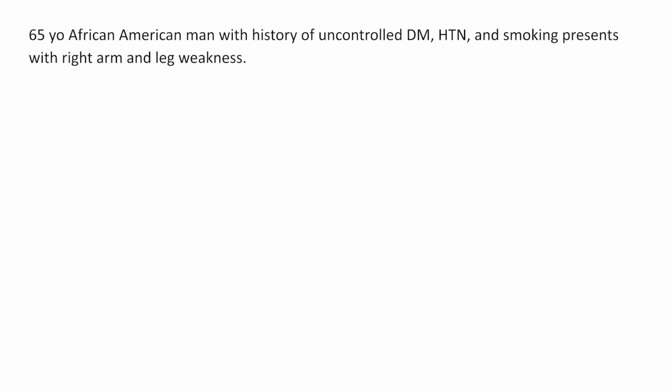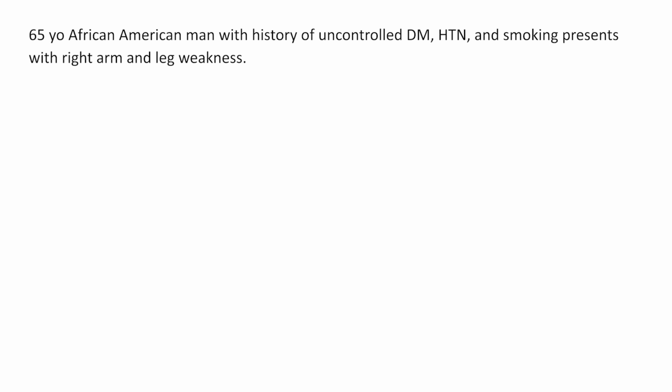What happens when these systems don't work properly? We will consider different clinical scenarios in the following section of this module. Let's start with this first case. A 65-year-old African-American man with history of uncontrolled diabetes, hypertension, and smoking presents with right arm and leg weakness.